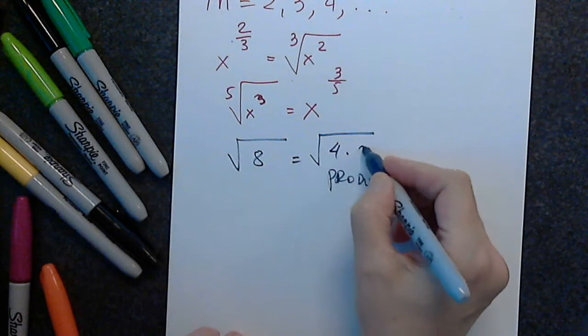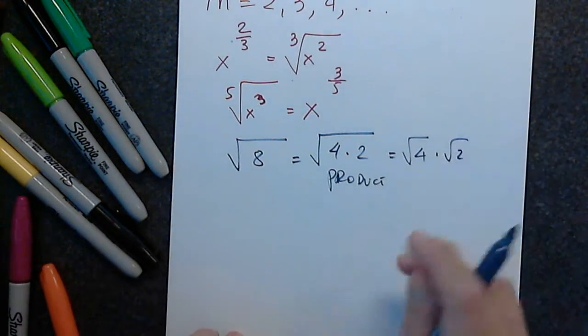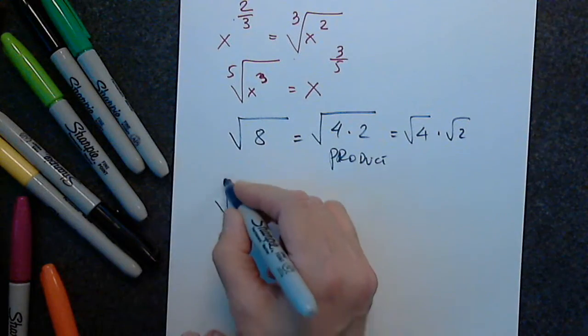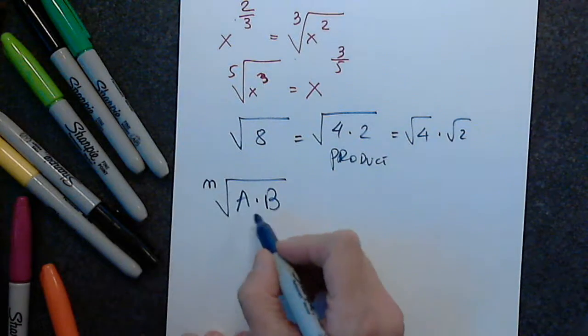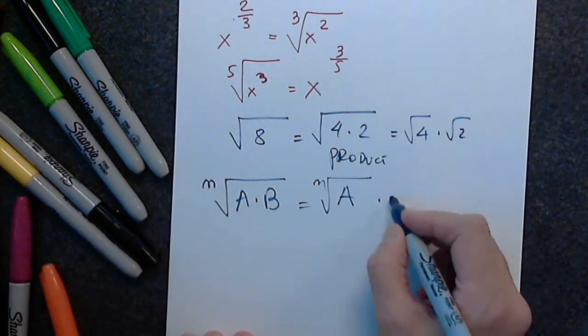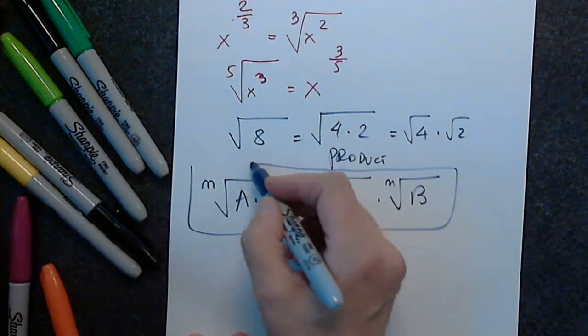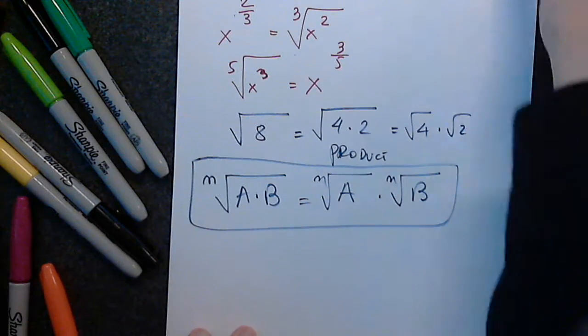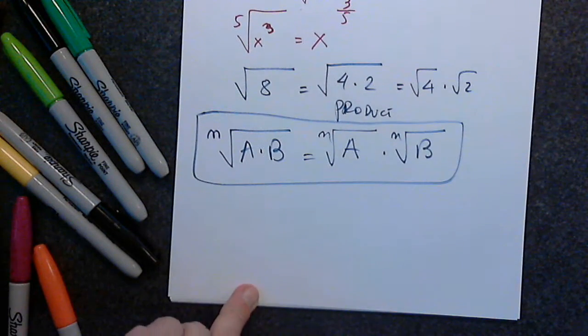Indeed, 4 and 2. Then I'm allowed to write the product, because as a refresher, the nth root of a times b is the nth root of a multiplied by the nth root of b. This is one of the properties of the radicals.